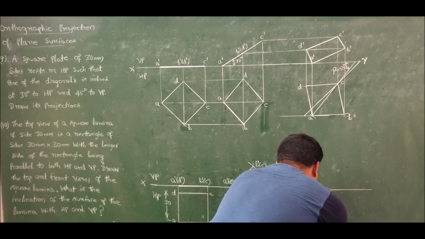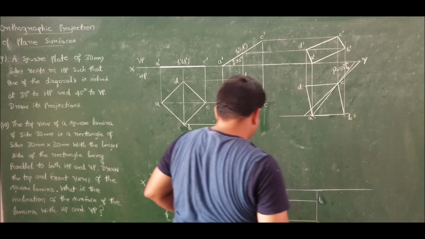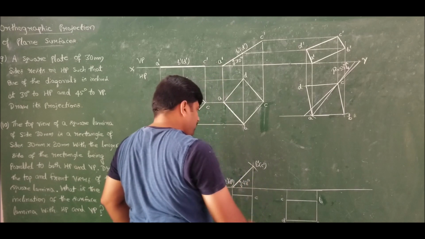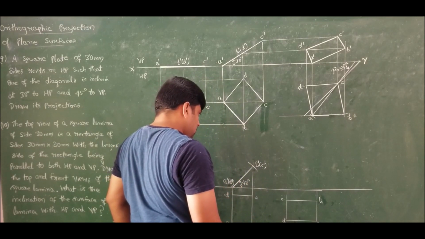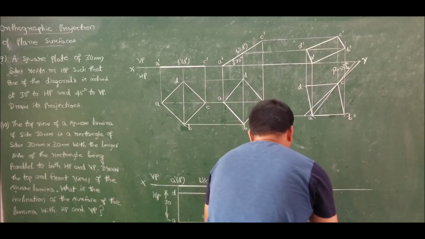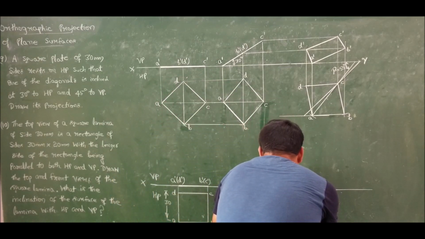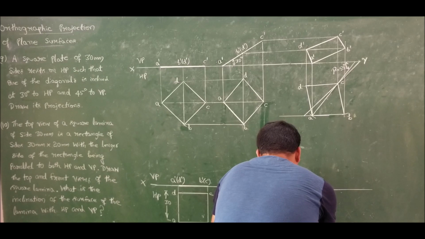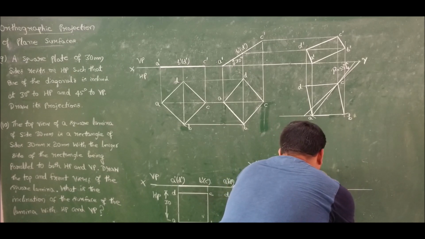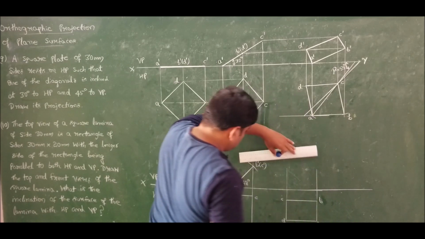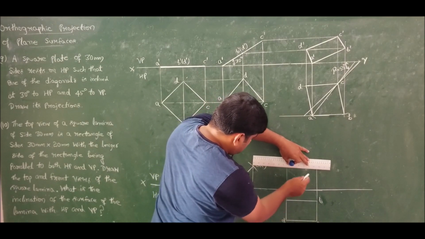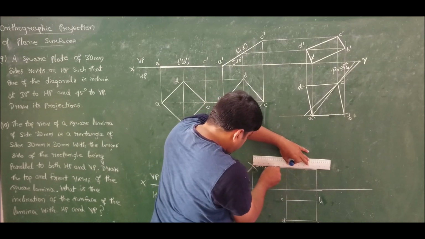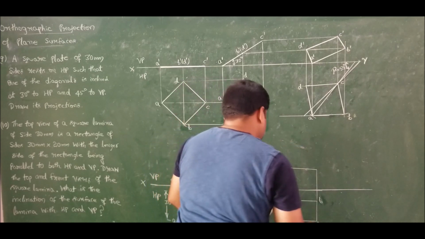Now we take the projection and complete the drawing. So if I take projection, B and C are at the top, so take B and C at the top. Take the projection like this. I have taken the projection.